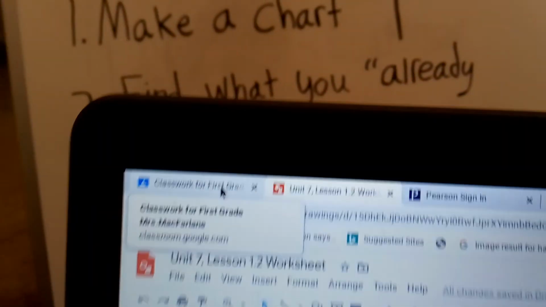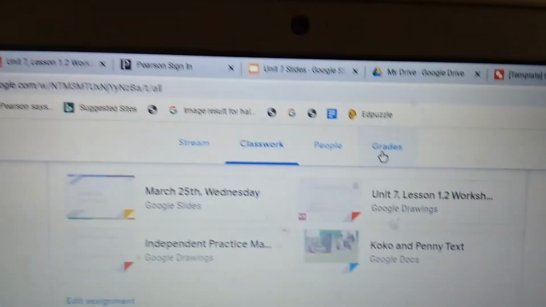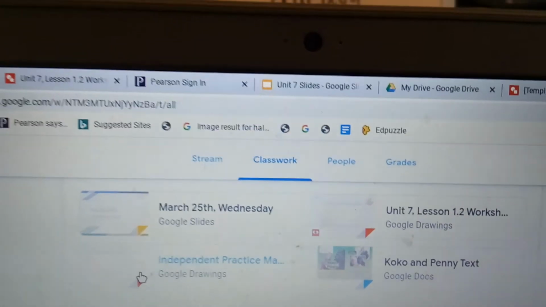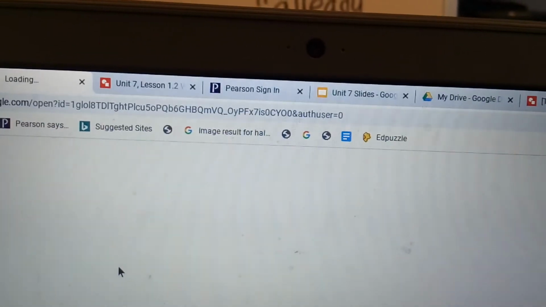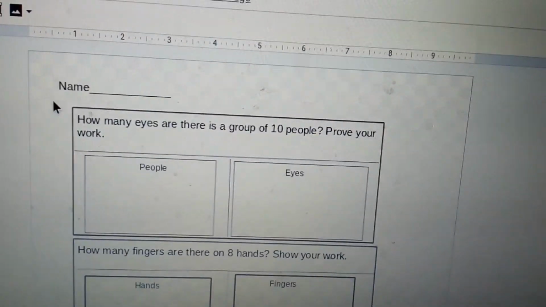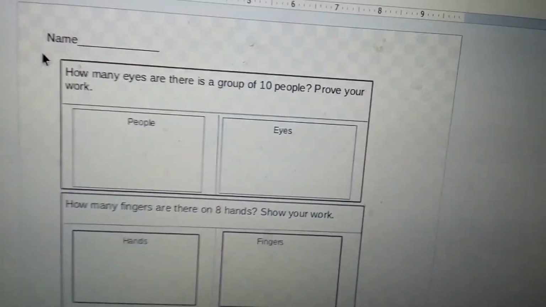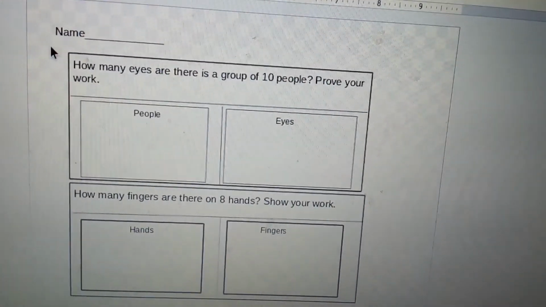And then I'm going to go back to Google Classroom right here. We're going to scroll down. You're then going to see if you can do the same thing with our independent practice sheet, which is how many eyes are there in a group of 10 people? Show your work. How many fingers are there on 8 hands? Show your work.